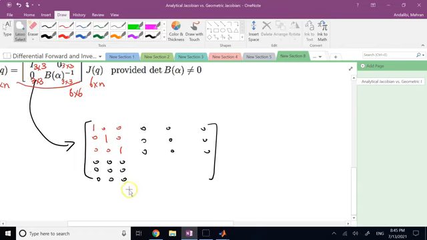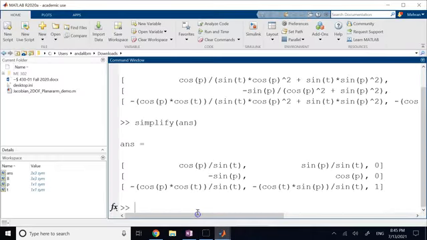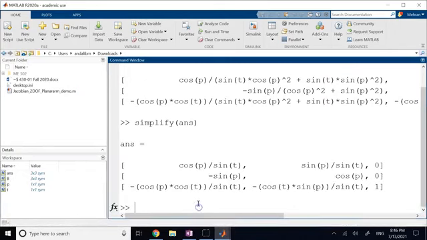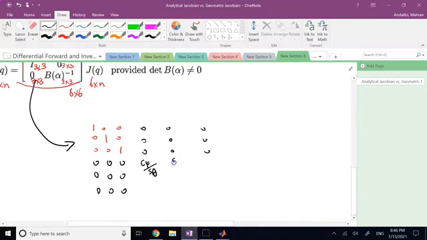Oh, didn't get one of the zeros. Okay, let's see if we can squeeze this in. So cosine psi divided by sine theta is this element. Then you have sine psi divided by sine theta and 0.